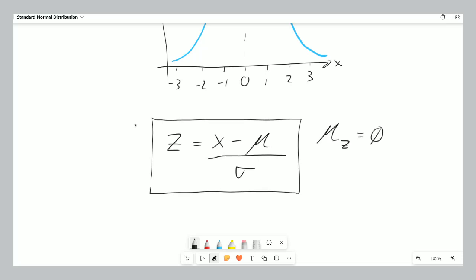And that distribution is called the standard normal distribution. So not just any normal distribution, the standard normal distribution has a mean value of 0 and a standard deviation of 1.